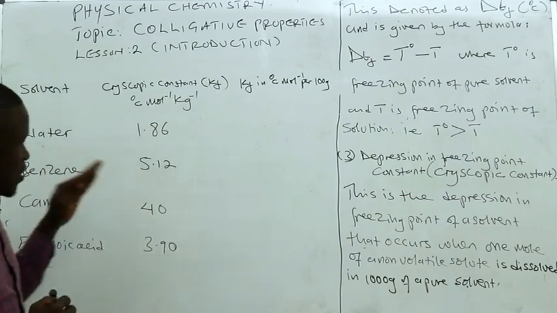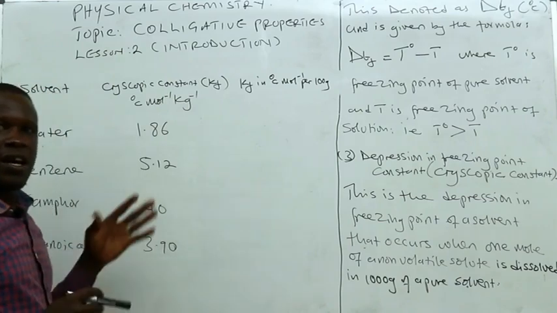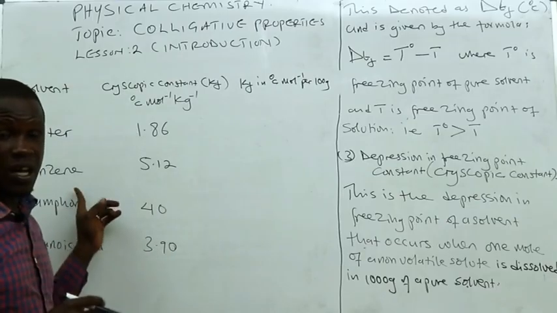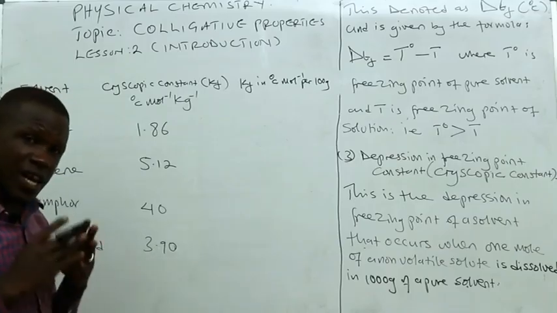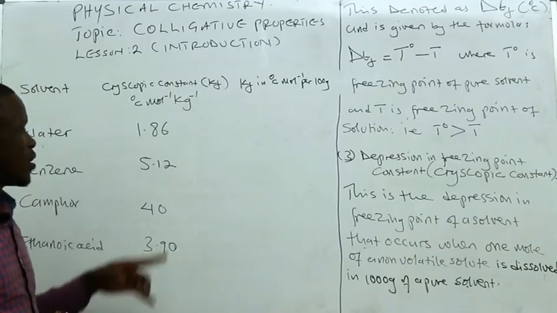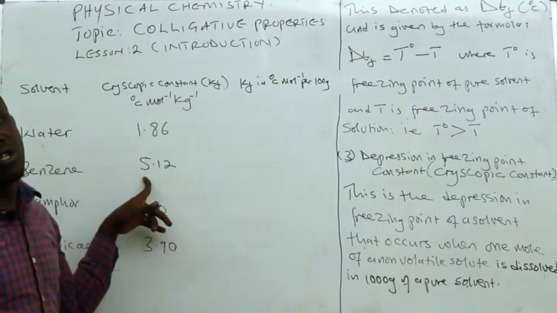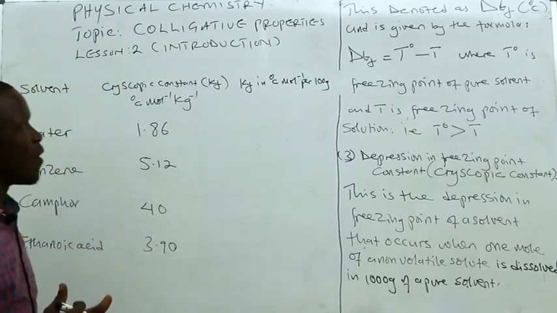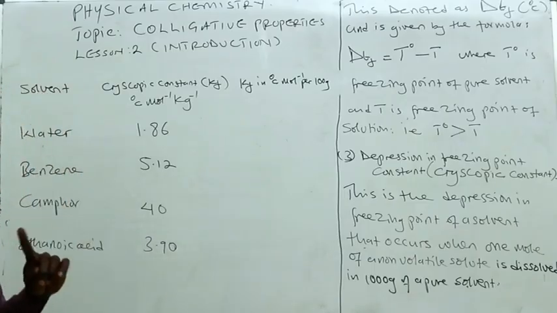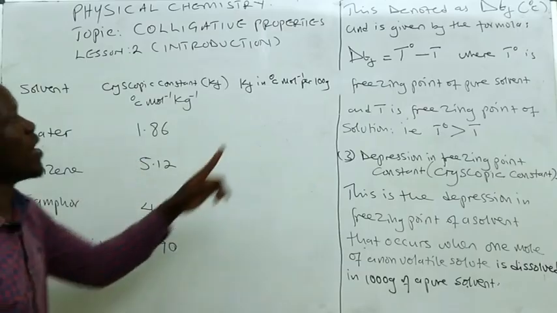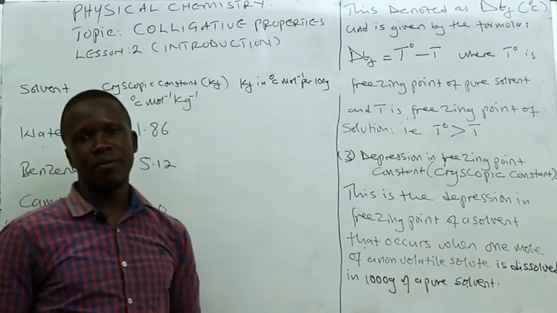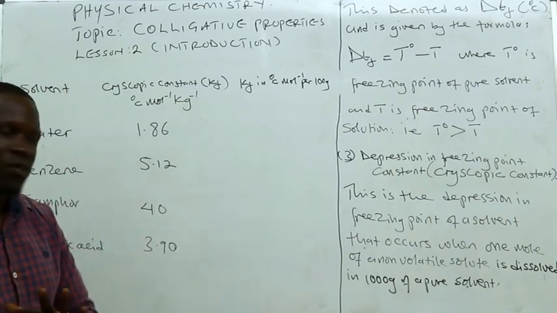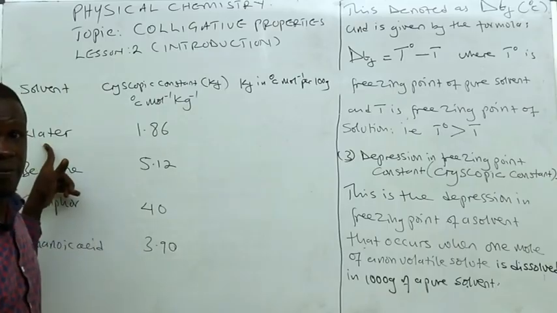If you got benzene and you dissolve 1 mole of a non-volatile solute in 1,000 grams, you will get 5.12 degrees Celsius as the depression in its freezing point. But there are books that will express the cryoscopic constant per 100 grams. 100 grams is a smaller amount of the solvent.